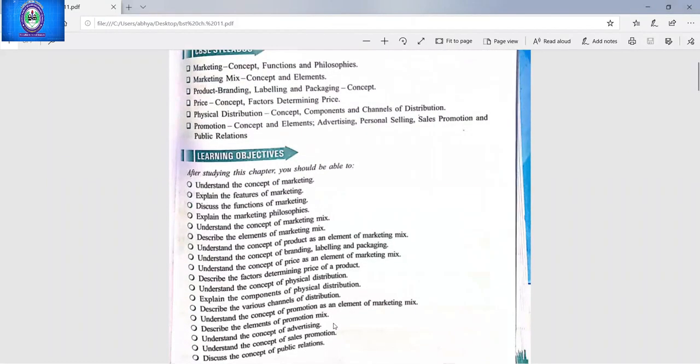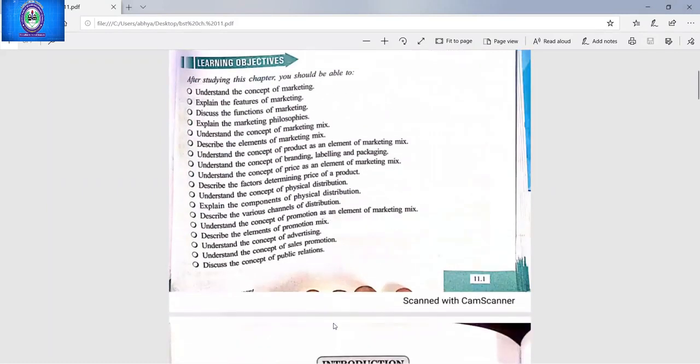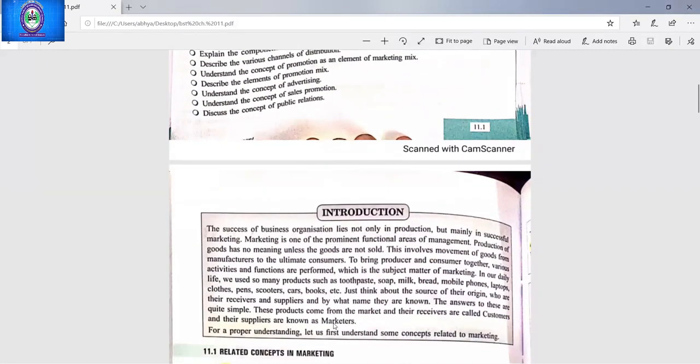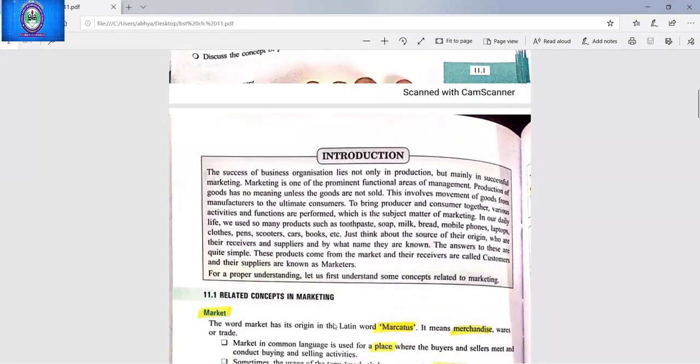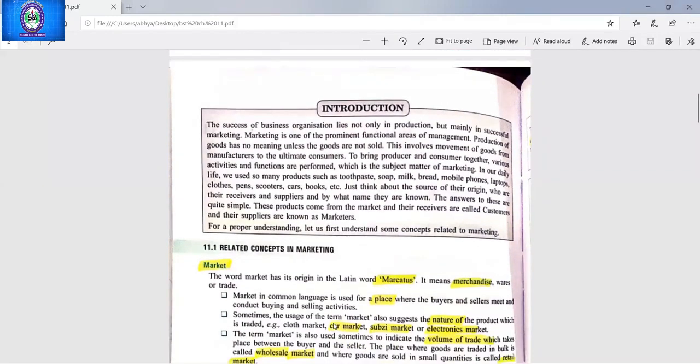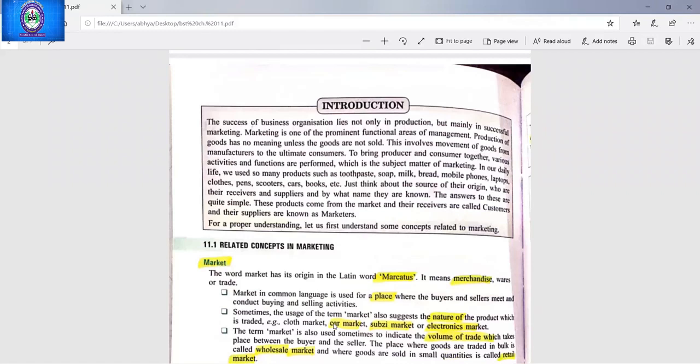In earlier days, only production was the very important activity, as whatever goods were produced were sold to the consumers, and consumers were forced to buy only those goods. Why? Because brands were very few, and they did not have choices. Whatever goods the producers produced, they were forced to buy.